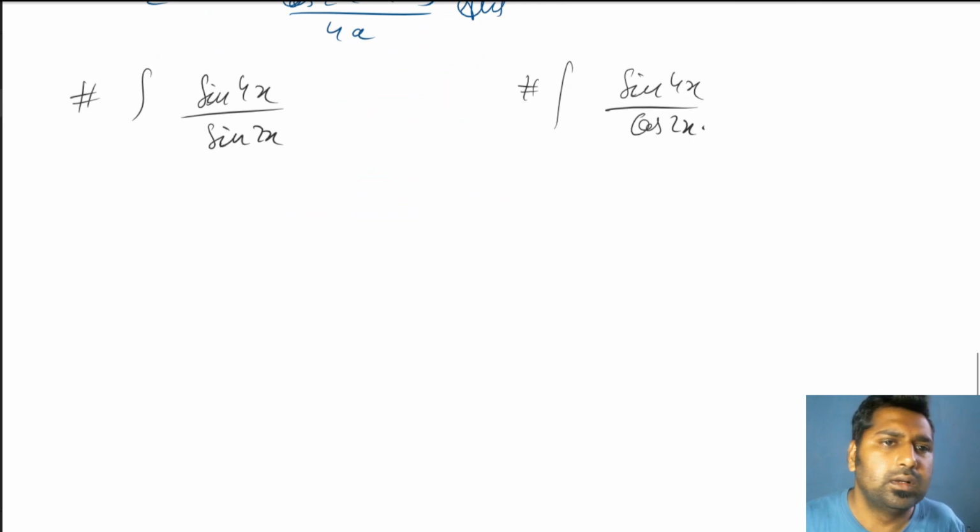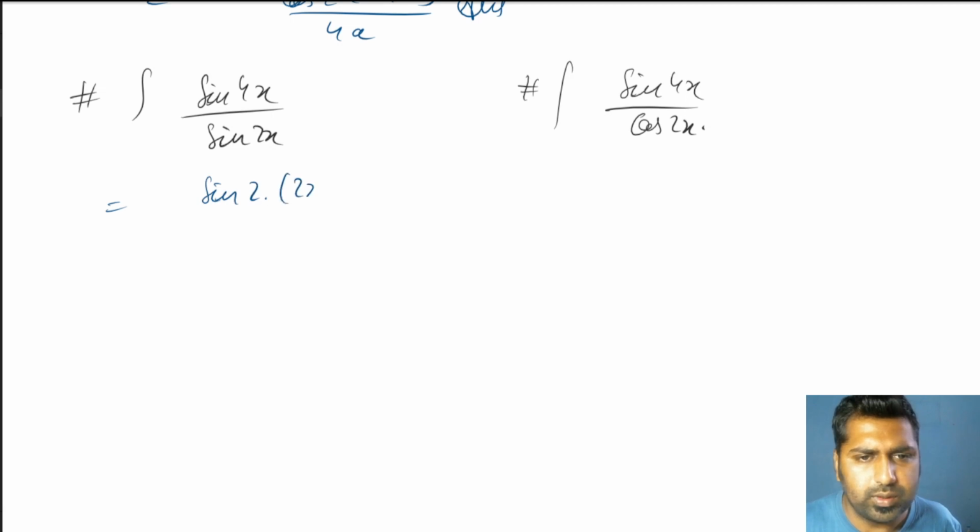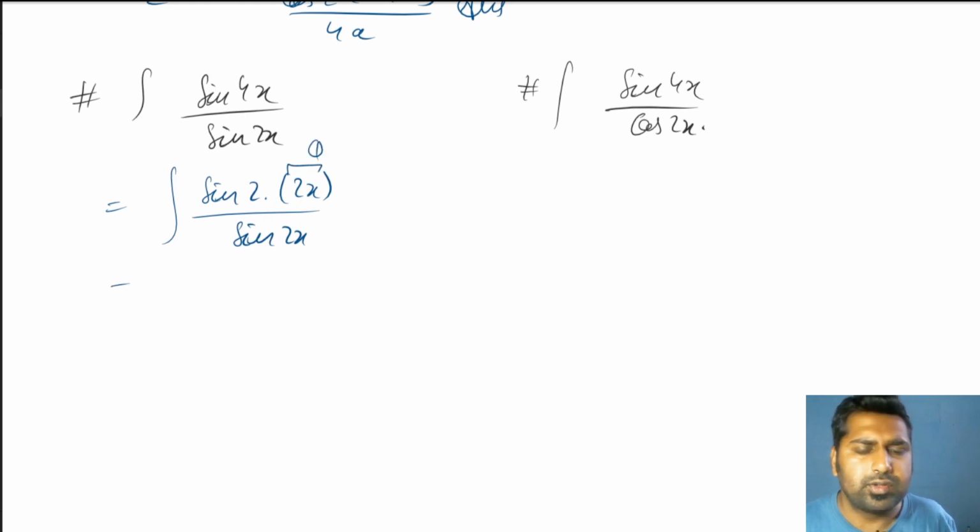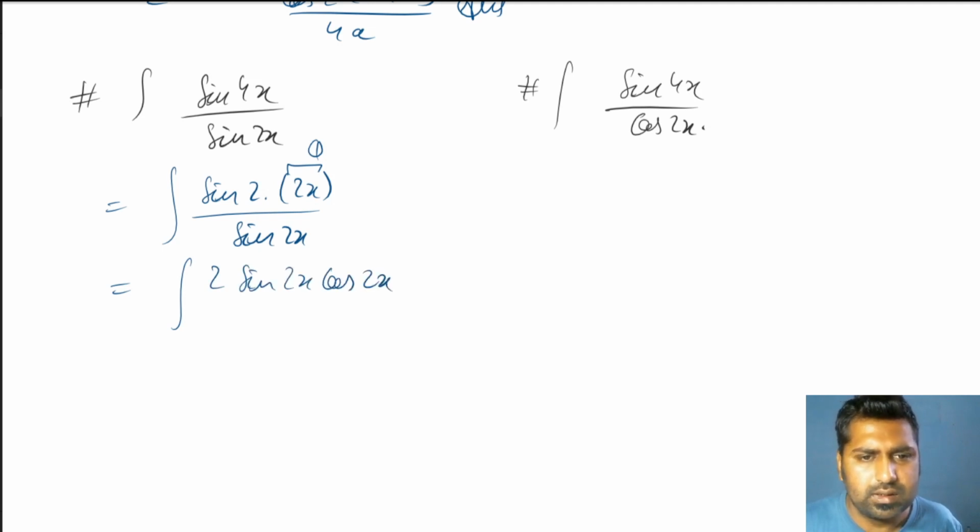Let's look. I can rewrite this as sine of 2 times 2x upon sine 2x. And consider 2x to be theta. So sine 2 theta is 2 sine theta cos theta. So 2 sine 2x cos 2x upon sine 2x.